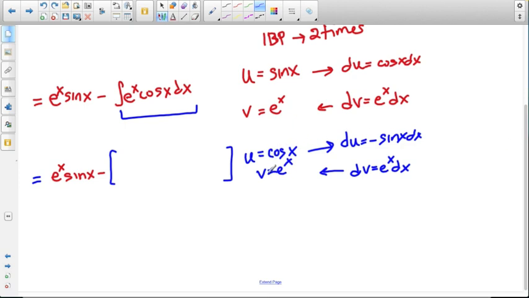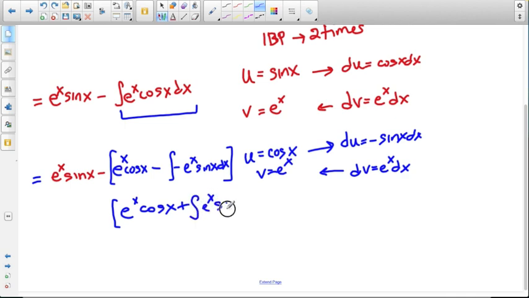So my u times my v is going to be e to the x cosine x minus my v du. And if you notice, my v du now looks like minus e to the x sine x dx. That looks like what we started with, except for this, and that's okay, because we can easily pull that out of the integrand expression. So we have e to the x cosine x plus the integral of e to the x sine x dx.